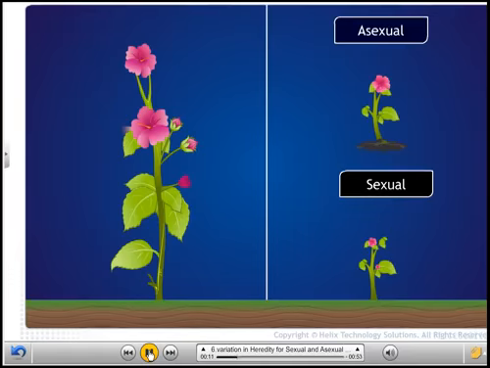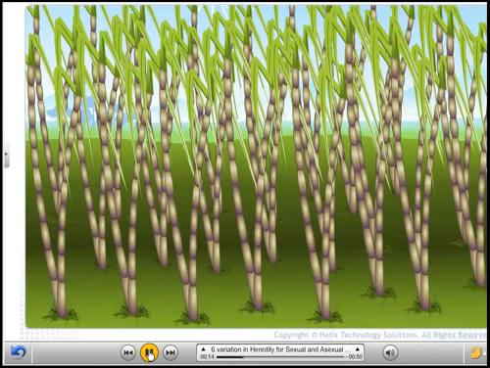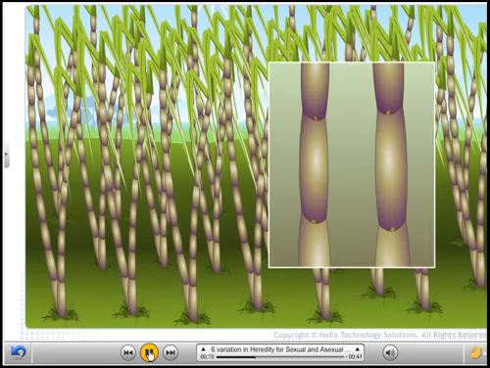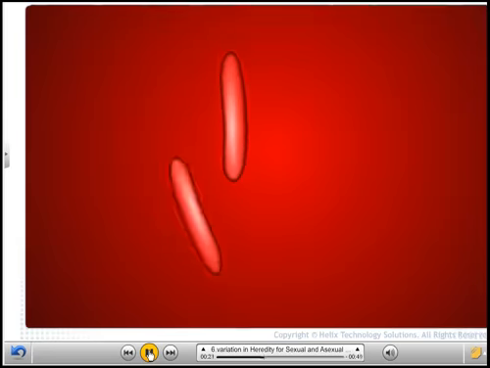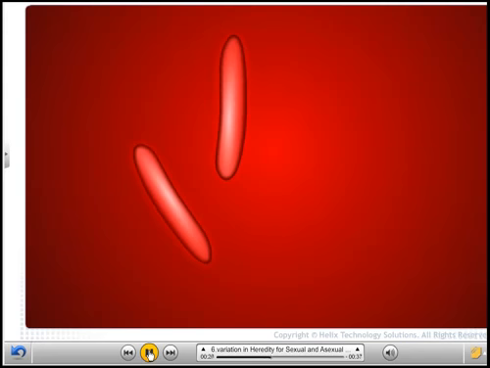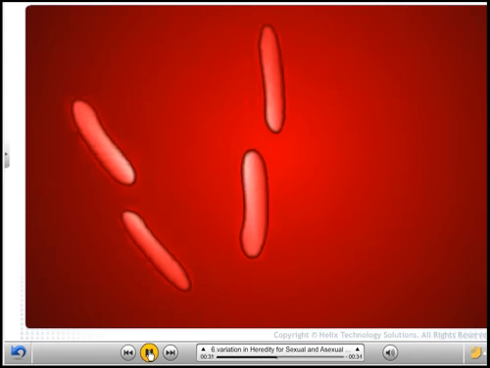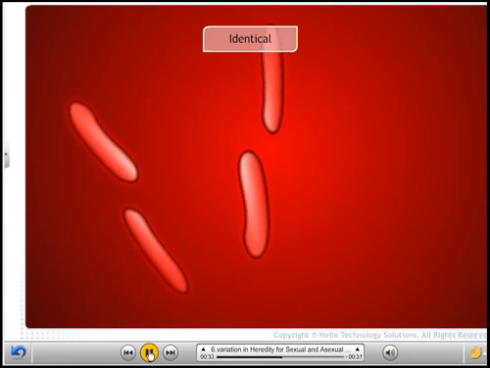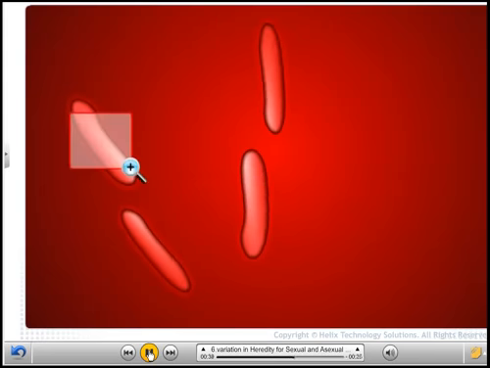Let's look at a few examples. When we observe a field of sugarcane, we hardly find variations among the individual plants. A bacterium divides into 2 bacteria, and the resultant 2 bacteria redivide to generate 4 bacteria. All these bacteria are identical.